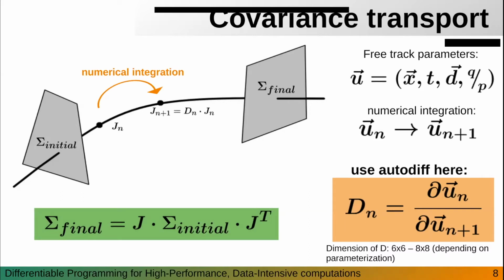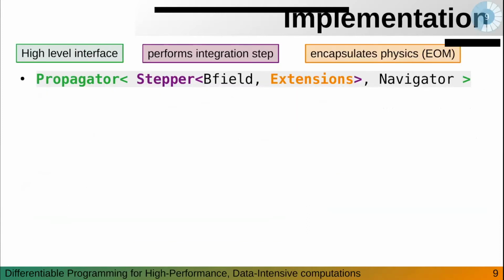Depending on the parameterization of the track, we have matrices involved from the range of 6x6 to 8x8 matrices. And how is this implemented? One benefit of ACTS is that we have a highly modular and templated structure. We have the propagator as a high-level class, which is equipped with a stepper.